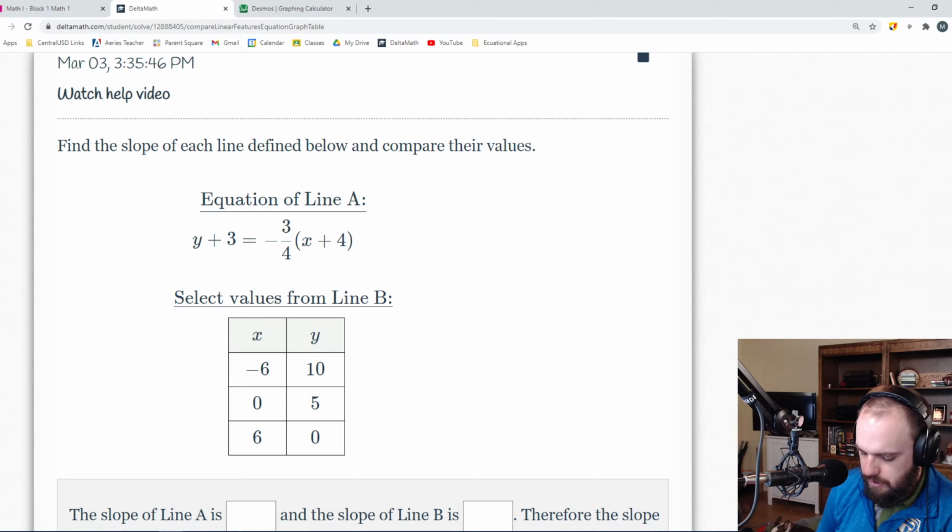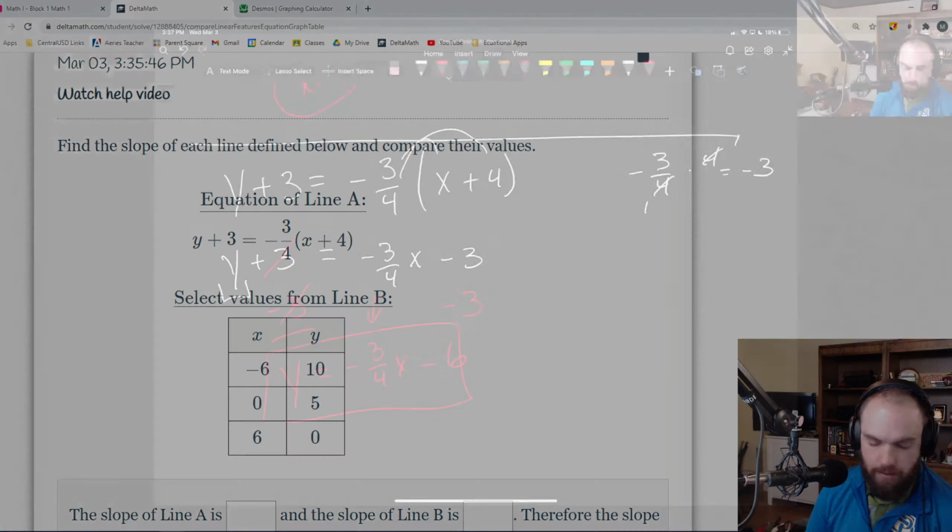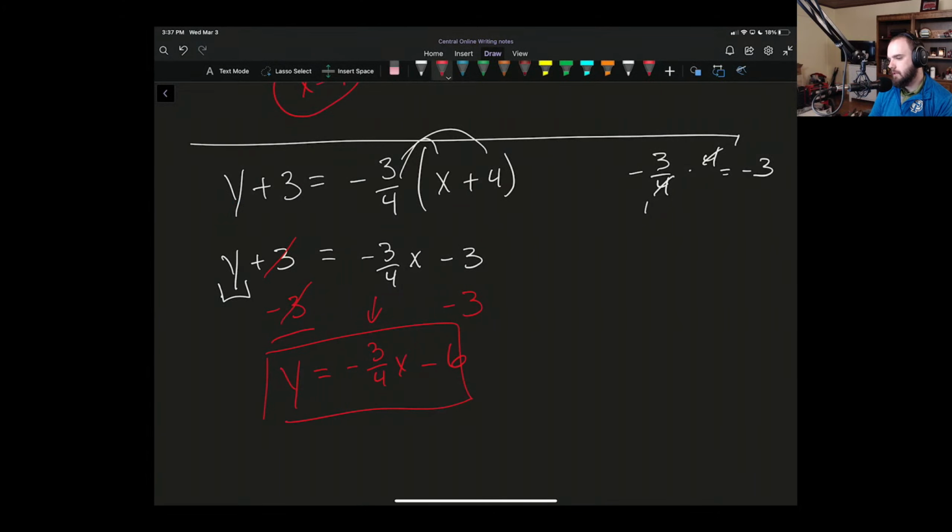And I want to get this y by itself, so I need to subtract 3 from both sides. So we're left with y on the left-hand side. On the right-hand side, we'll have negative 3/4 x, and then negative 3 minus 3 is going to be negative 6. There is my equation. So just like I said, our slope was going to be that number. Our slope for line A is going to be negative 3/4. Negative 3 divided by 4.